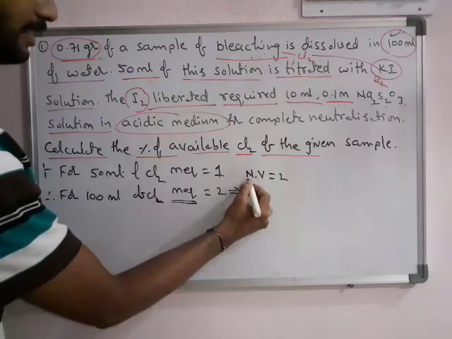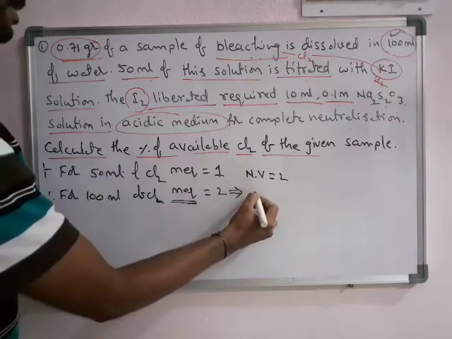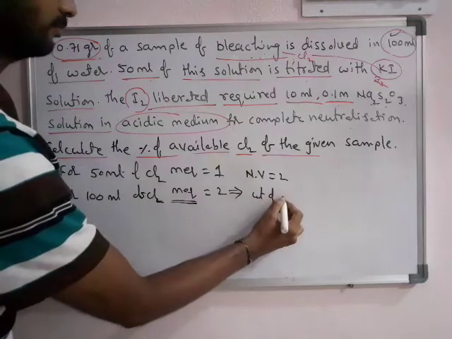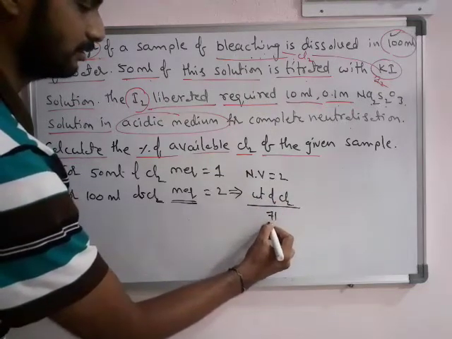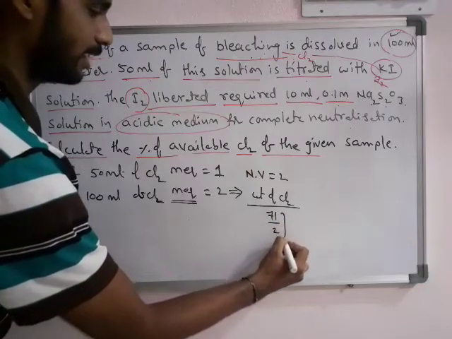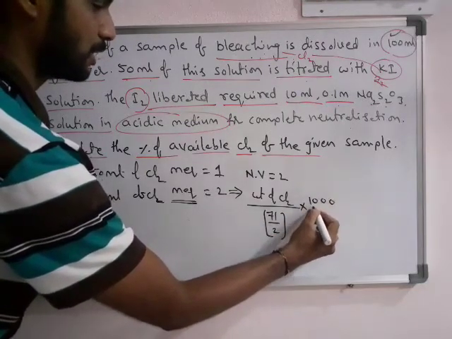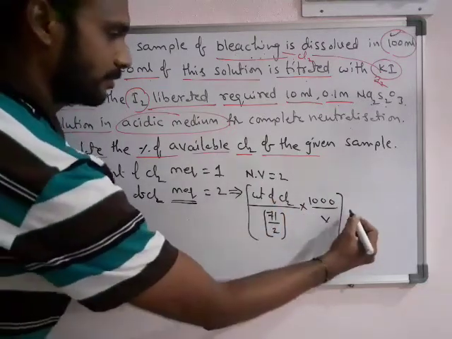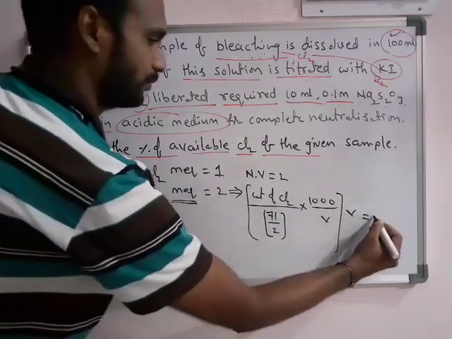So now we calculate the normality. What is the normality? It's weight of chlorine by its molecular weight by its valency, into 1000 by volume, into V. Here it is calculated earlier, that is equal to 2.